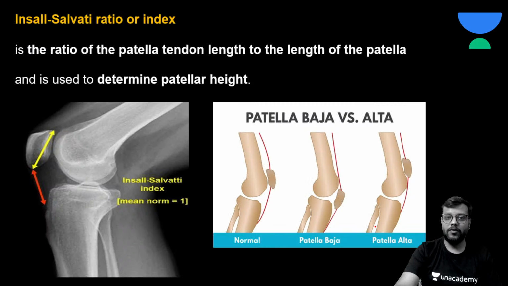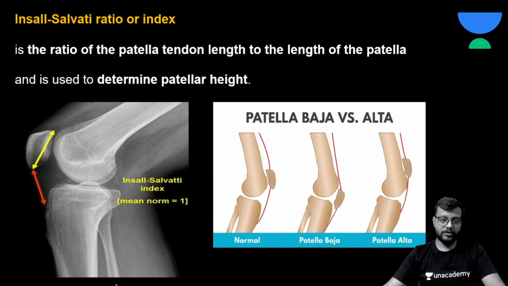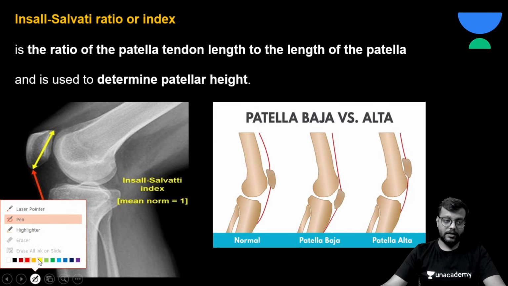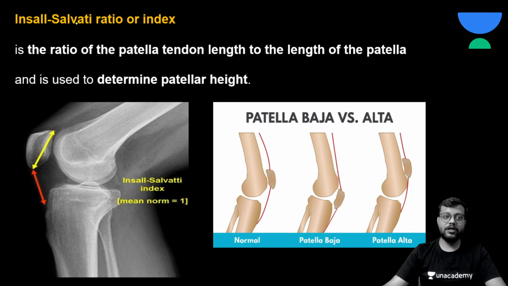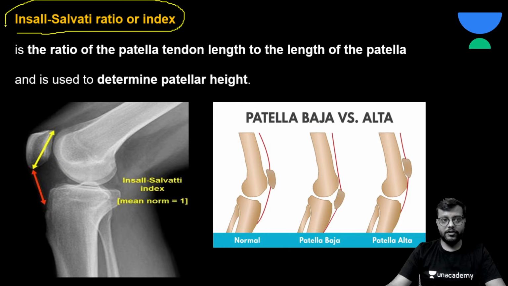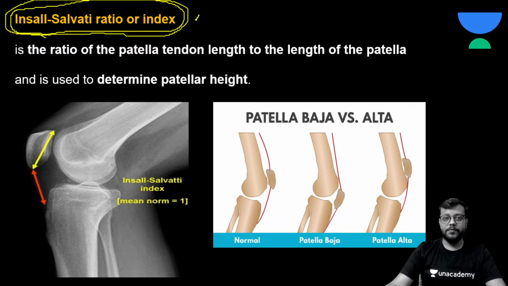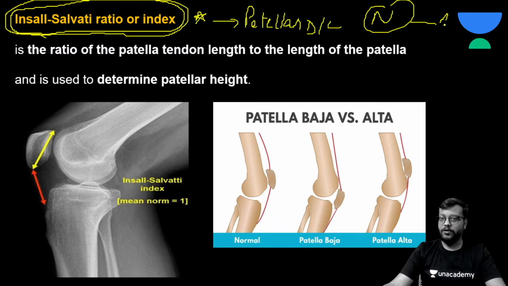Okay, that is lateral dislocation. Now for patellar dislocations you have an important index or ratio. Just remember its name: it is called the Insall-Salvati ratio. It is a very important term. It is used for patellar dislocation, and normally it is equal to 1.